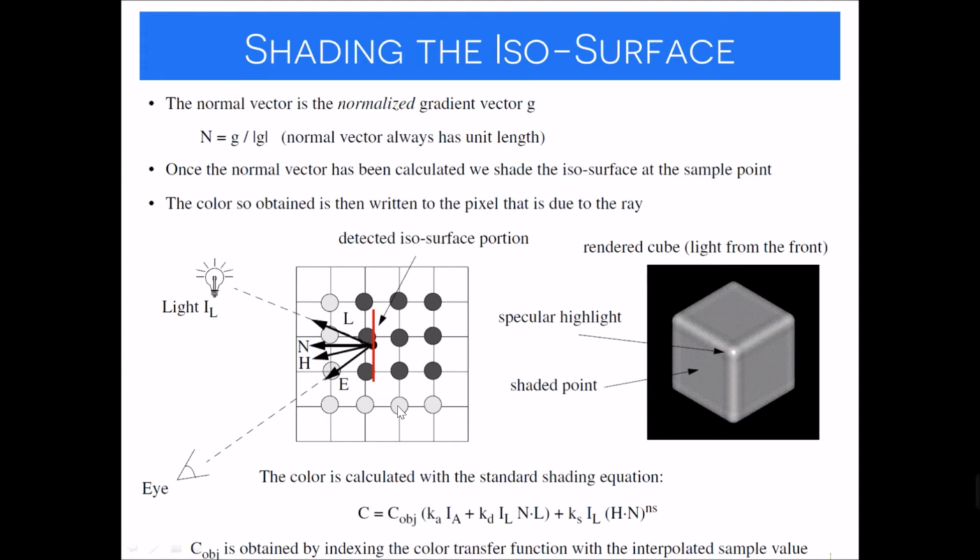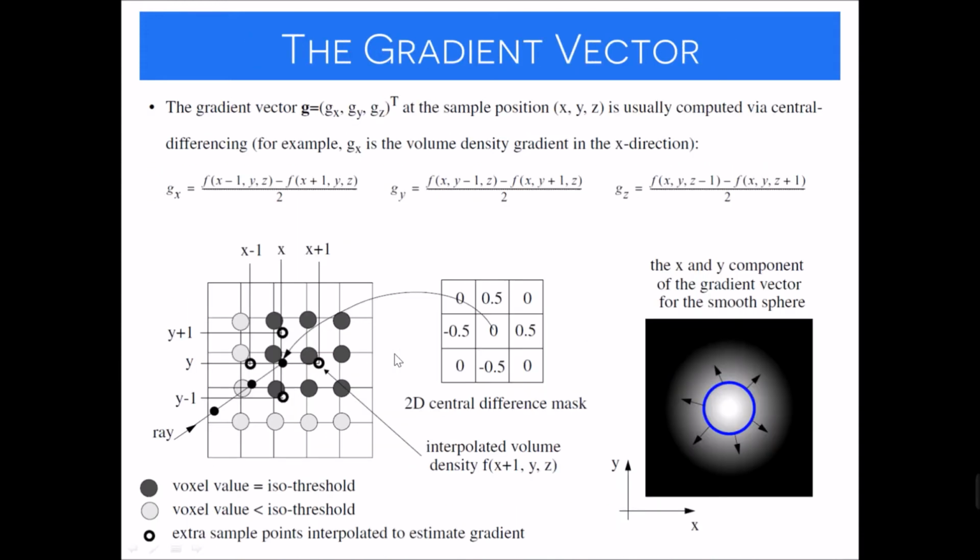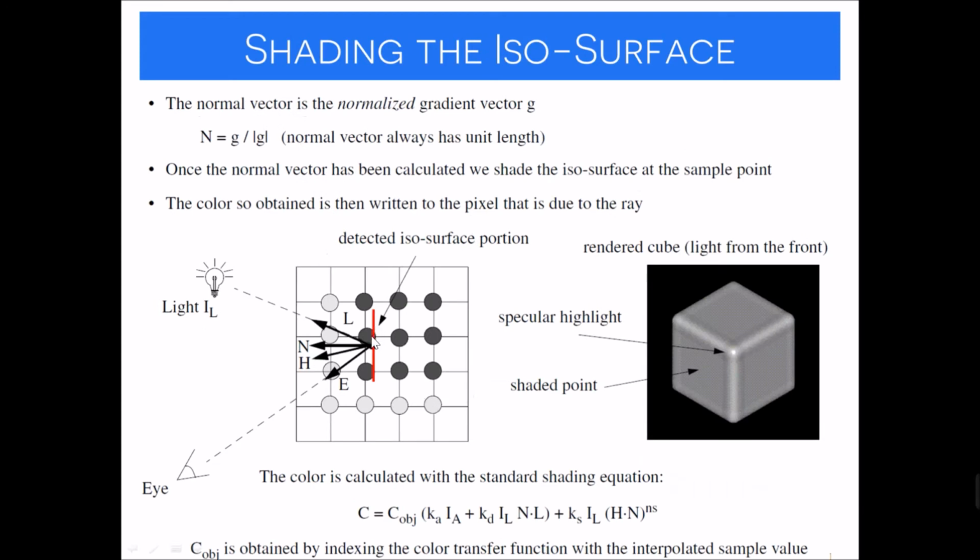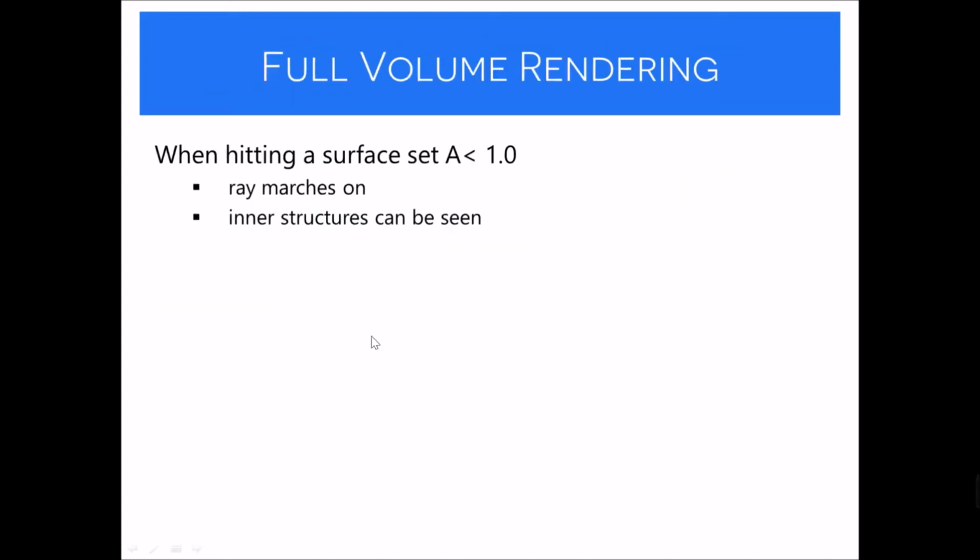The only difference is that you have to figure out where your normal vector is by reconstructing it using this central differencing method, where you take the front and the back, top and bottom, and left and right, subtract each of them, figure out the remaining vectors, put them together into a vector sum, and then this will be a normal vector. You have to normalize that normal vector, and that's what you will use for shading. Okay, that's what you will do.